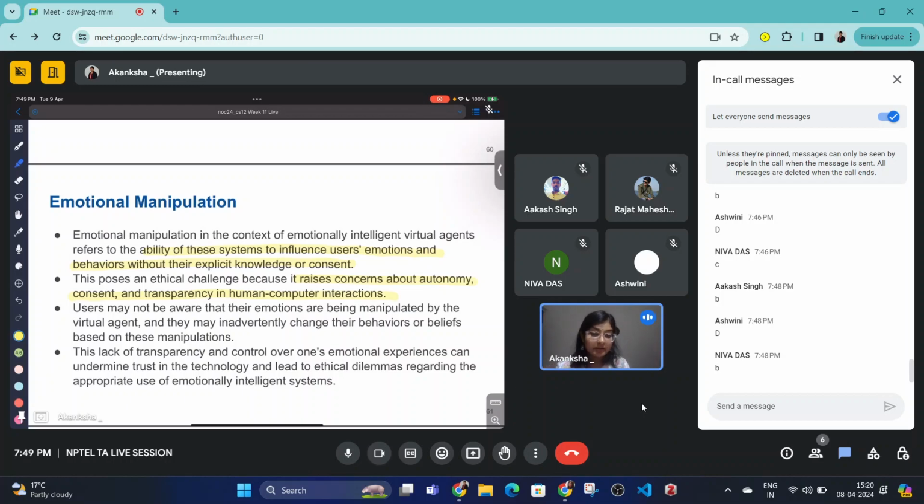Users may not be aware. We're not even aware that we are being influenced, being manipulated by the virtual agent. Suppose there is a company who has designed the virtual agent, and the agent is for mental health purposes. Now, every time I go, "Oh, I need help, I need to do meditation," the agent will suggest you should go for this online meditation course by this particular instructor.